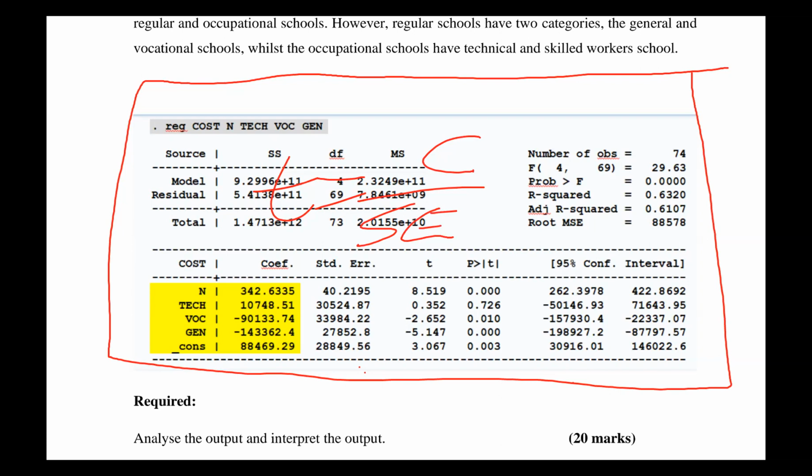So it simply means that you can still get the coefficient using the standard error and the t. Or we can get the t by dividing the coefficient by the standard error. Is that clear?